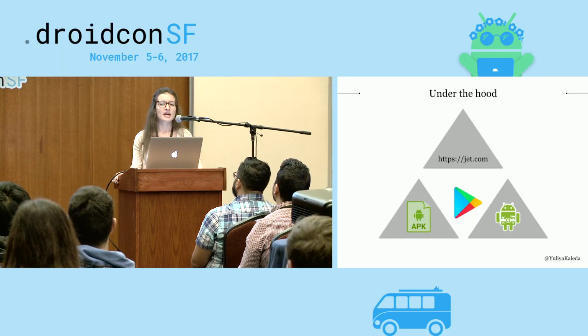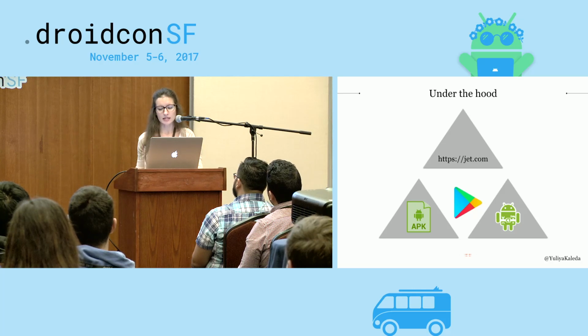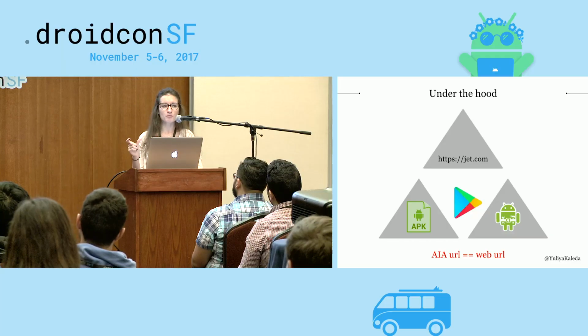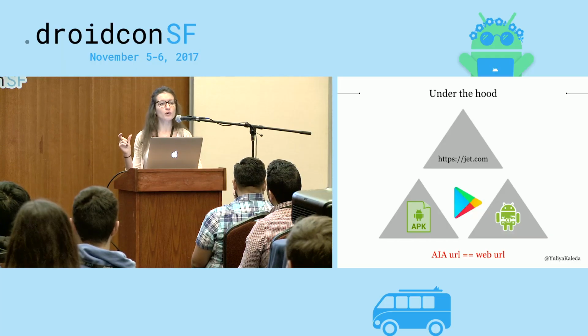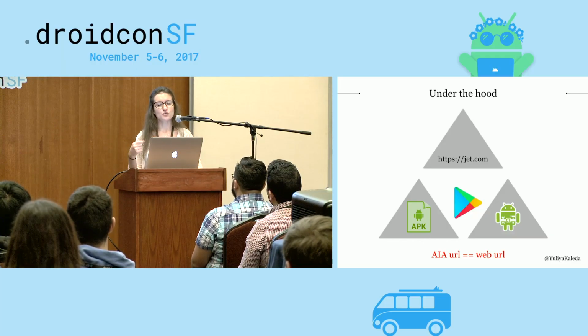One of the most important things to keep in mind when you're creating your Instant App URL addresses is that you have to make sure they match with mobile web URL addresses. And why is that important? Imagine I create a unique Instant App URL address that doesn't have a matching mobile web URL address.